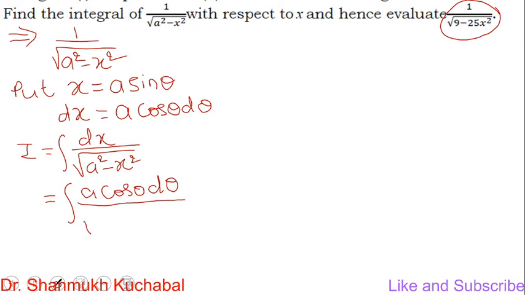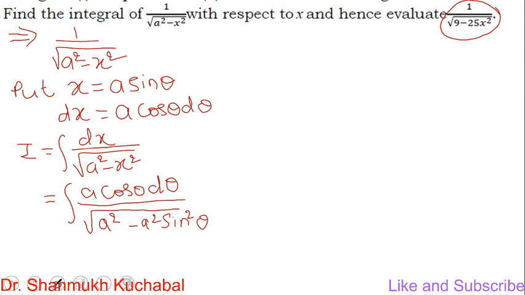Then under the square root, a square will be as it is, minus x square. x is a sine theta, so x square is a square sine square theta.